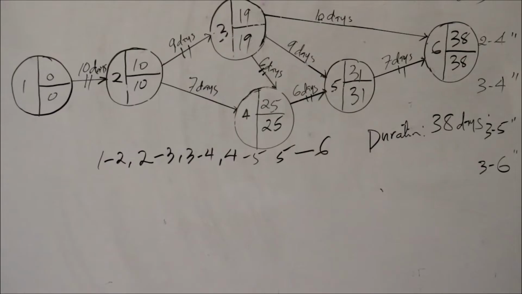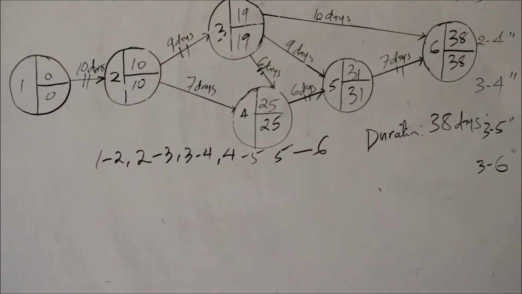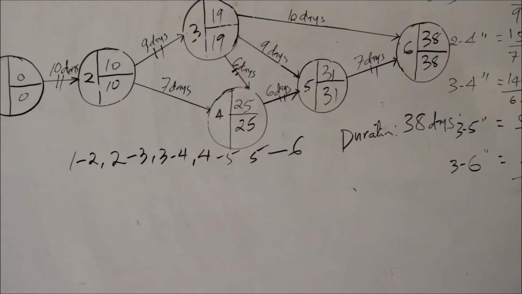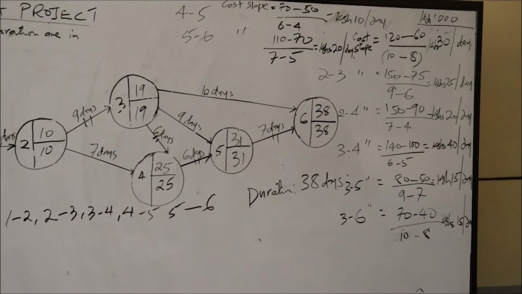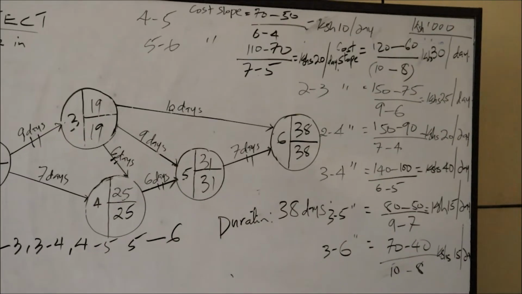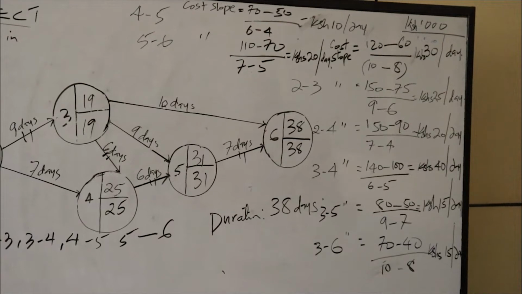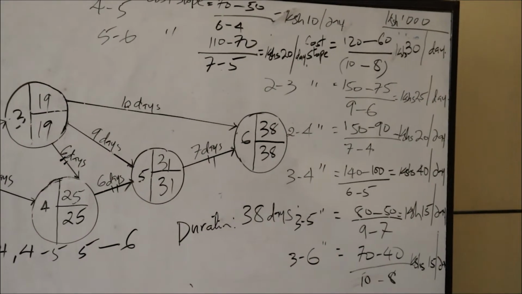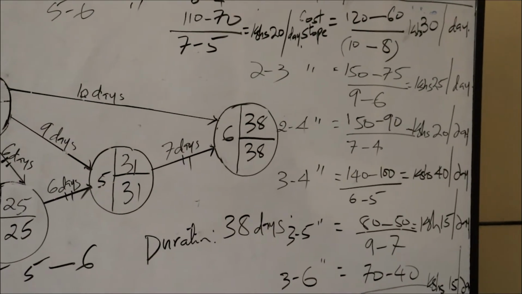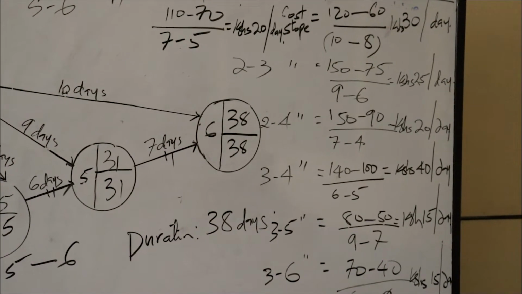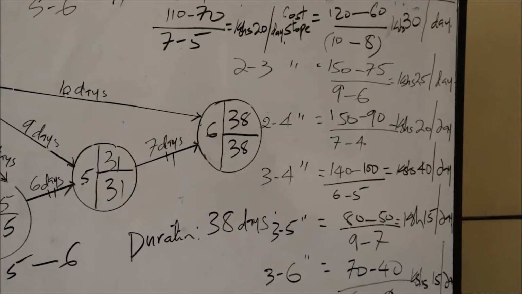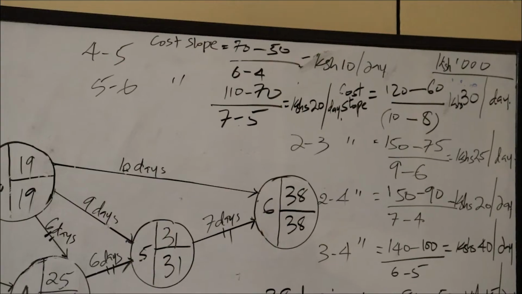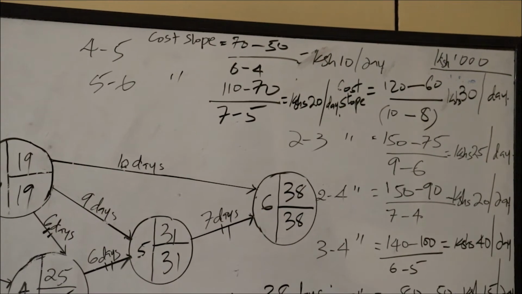Which one has the minimum cost slope? 1 to 2 has a cost slope of 30, 2 to 3 has 25, 3 to 4 has 40, 4 to 5 has 10, and 5 to 6 has 20.